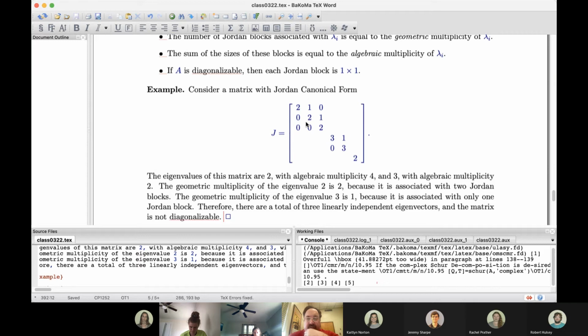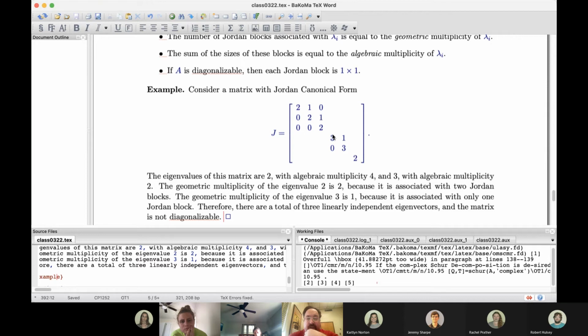One for the eigenvalue 2, a second one for the eigenvalue 2, and then one for the eigenvalue 3. There are 2 blocks associated with the eigenvalue 2, and you add up their sizes and you get 4. So the eigenvalue 2 has an algebraic multiplicity of 4, the sum of the sizes of the blocks, and a geometric multiplicity of 2, because there are 2 blocks that go with it.